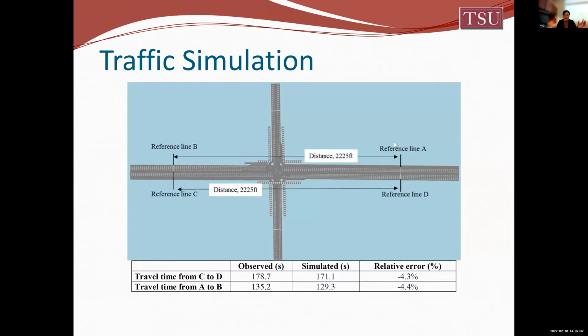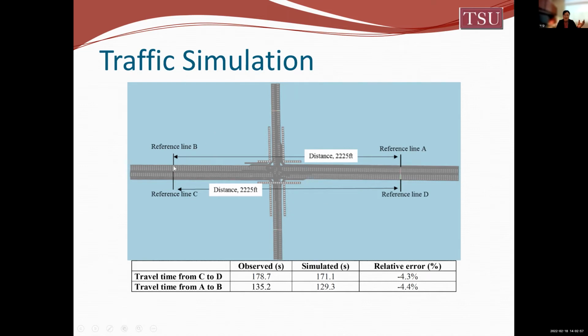Then we redesign the signal timing according to the method we proposed in that paper. And we use traffic simulation to do the experiment to see if our new design based on the method we proposed can improve the operation of this intersection. Okay, so in order to do the traffic simulation, we use the Vision traffic simulation.